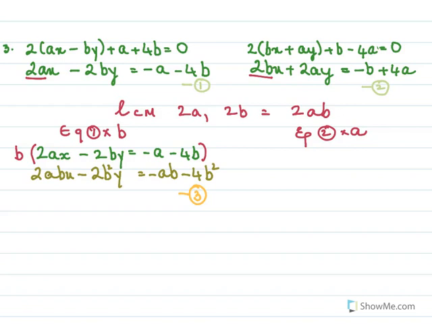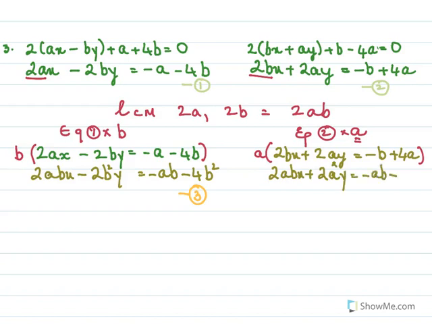I'll take equation 2, 2bx minus b plus 4a, and now I'm going to multiply this by a. Multiplying by a, I get 2abx plus 2a square y equal to minus ab plus 4a square. This is my equation 4.